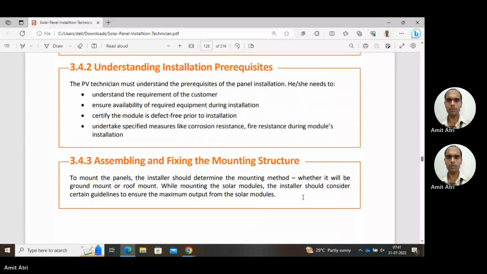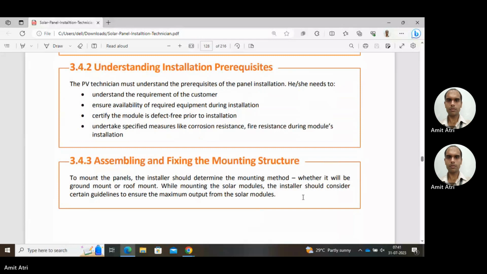First, he needs to understand the requirement of the customer. Requirement of the customer means the load requirement, load analysis: how much energy will be consumed, which type, how to use it. Then next is ensure availability of required equipment during installation.